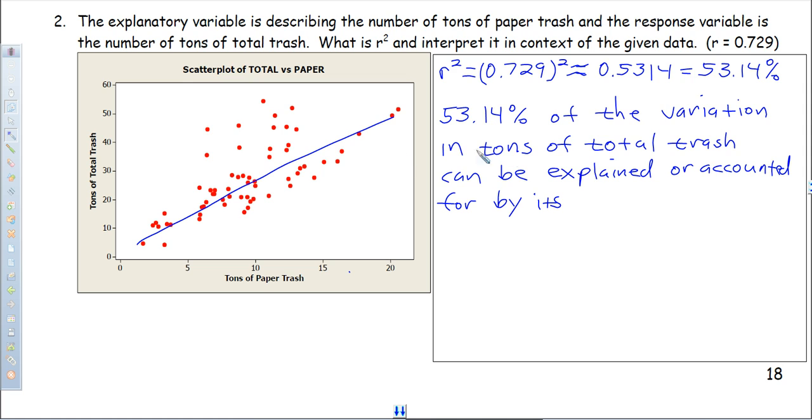We're looking at a linear relationship here. It can be explained or accounted for by its linear relationship with the tons of paper trash, our explanatory variable.